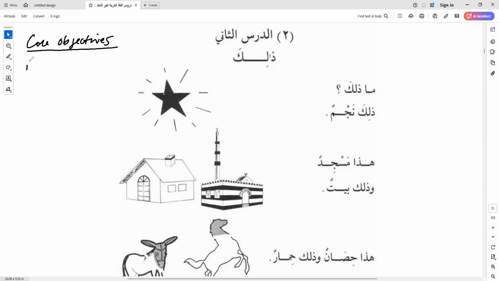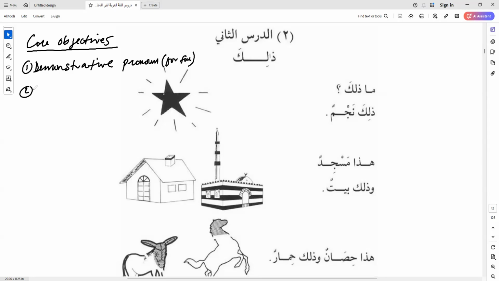We're going to learn again the demonstrative pronoun. This time we're learning the demonstrative pronoun for far, when something is far away from you, and that is ذلك.